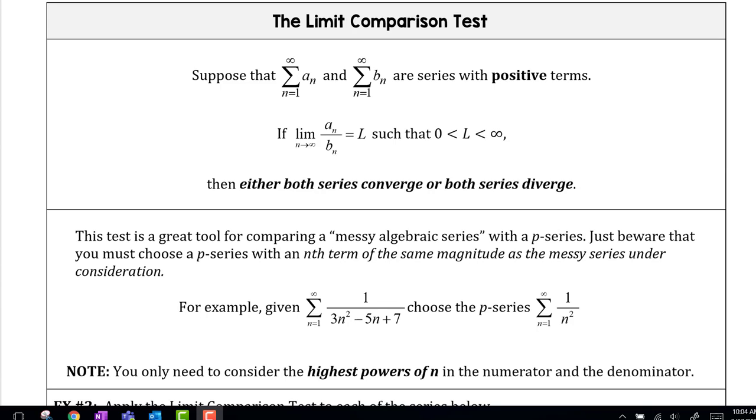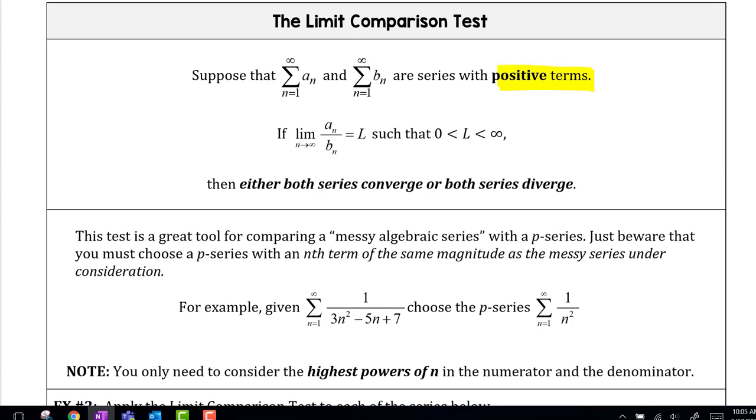So now we're going to suppose that we have two series, a sub n from n equals 1 to infinity, and the other is b sub n from 1 to infinity. Both series, and this is important for all these tests so far, have to have positive terms.